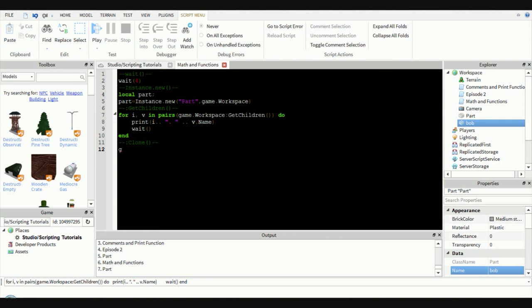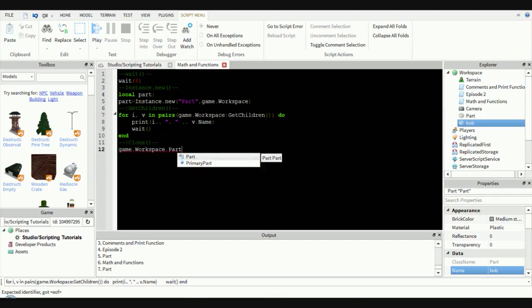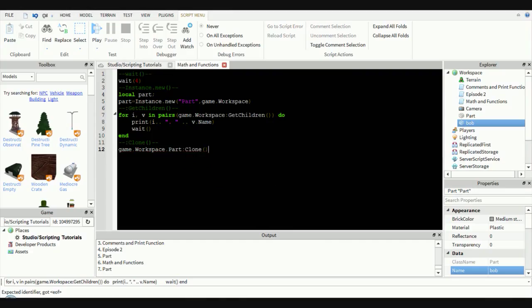So all you have to do is get the directory of that part, and then you put a colon, and then type in clone, and then a set of parentheses. But I want to put a variable for part so my life gets easier.